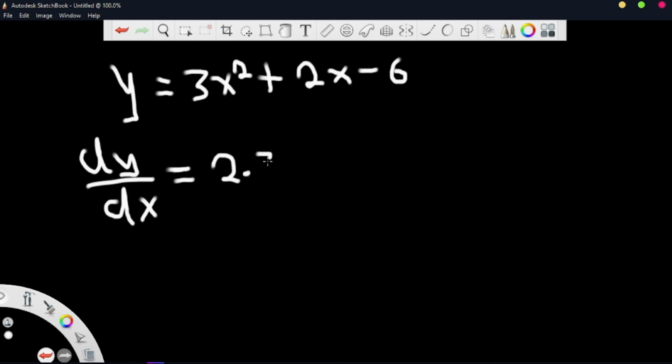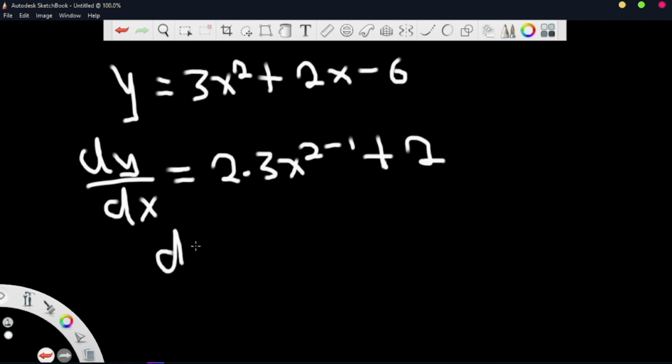I'll have 2 multiplying my 3, and then I'll have my x, and this is to the power 2, so I'll have 2 minus 1. The power reduces by 1. Then the 2x is to the power 1, so it will be just 1 times 2, so this is just the coefficient, which is 2, and then the derivative of any number is just 0, so no need of writing that this will be 0.